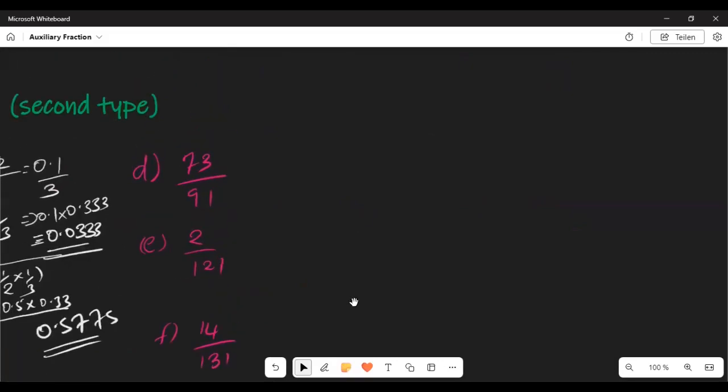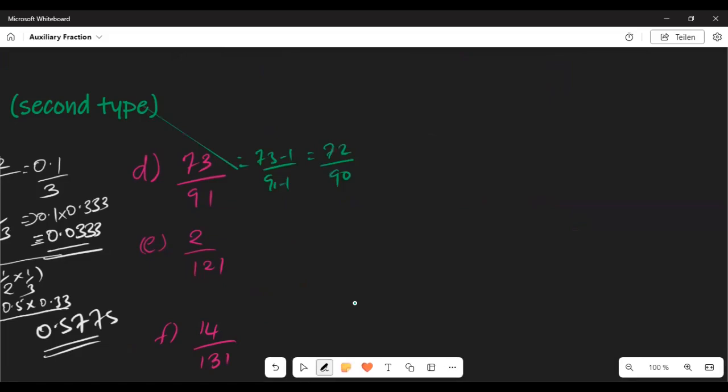Now let's see what happens in D. The same: we subtract 1 from all sides, so 73 minus 1 and 91 minus 1. What we have here is 72 over 90.